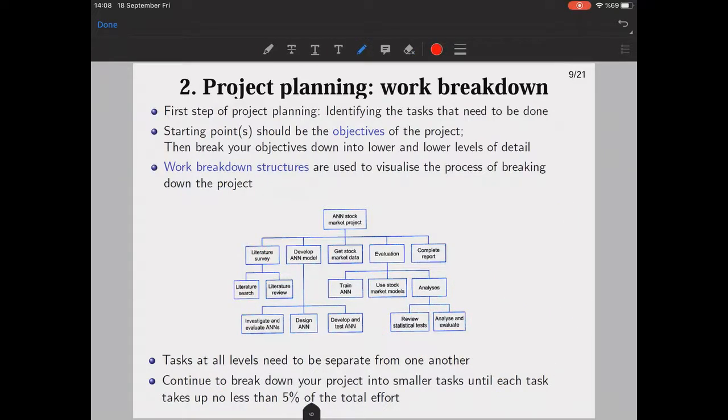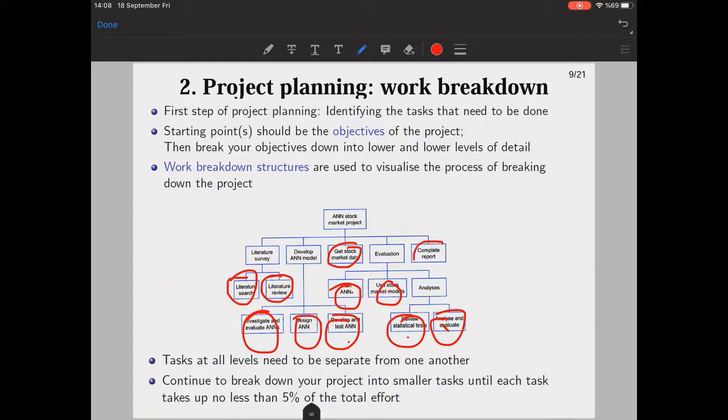What are they? This one, this one, this one, this one, this one, this one, this one, this one, this one. You see, 1, 2, 3, 4, 5, 6, 7, 8, 9, and this one, 10 and 11. You have 11 work packages here, and none of them should be less than 5% of your total effort.